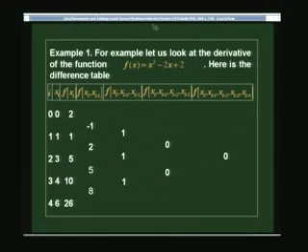You can see that the function here is x squared minus 2x plus 2, whose derivative is 2x minus 2. So it looks like the derivative of this third order polynomial which we constructed is exact. That need not always be true, but in this particular case it is exact.